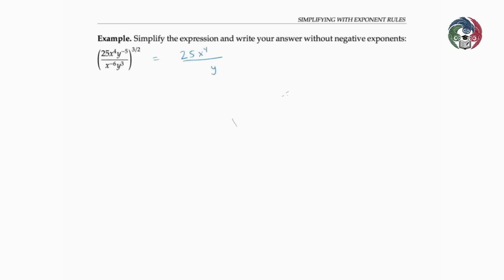I'll bring the y to the minus 5 downstairs and make it y to the 5th on the denominator. Bring the x to the minus 6 upstairs and make it x to the 6th in the numerator, and then I still have the y cubed on the denominator. All that's raised to the 3/2 power. Using the product rule, I can rewrite the expression on the inside of the parentheses as 25x to the 10th over y to the 8th.